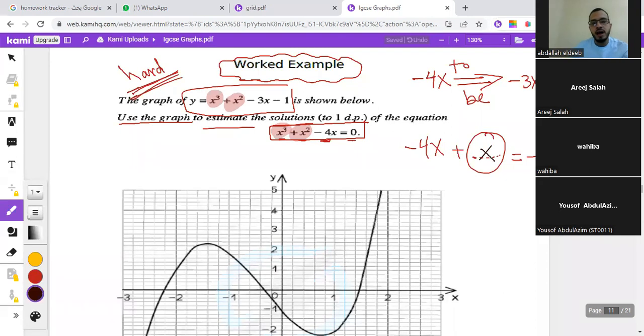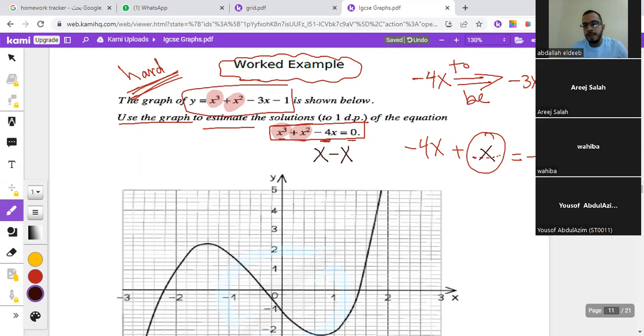So here I will add x and subtract x. Okay. Because if you add something, you have to subtract it. Now, here what? Negative 1, yes?